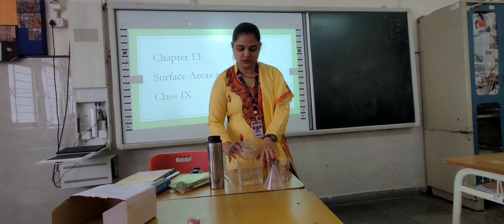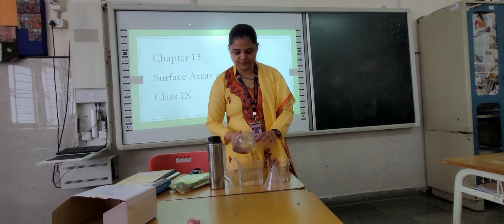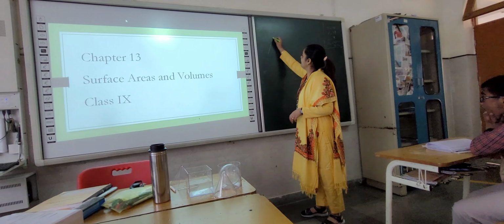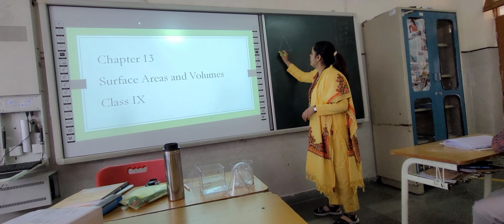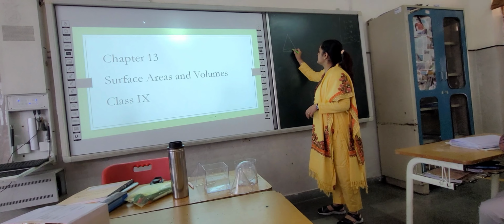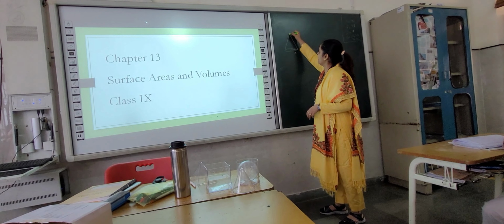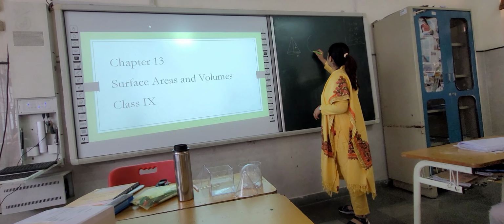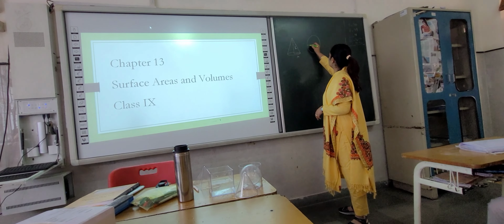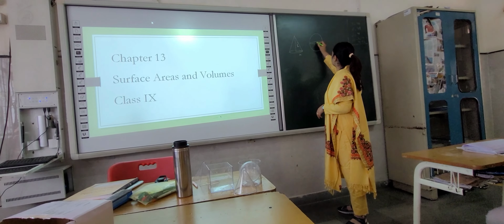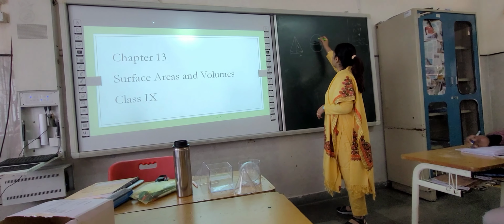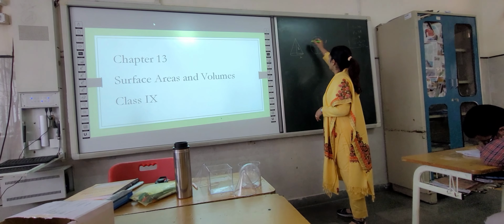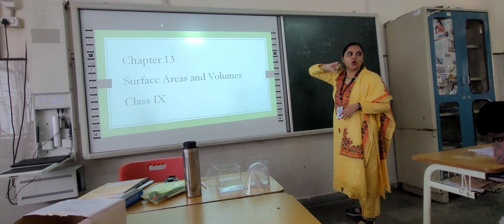So I just want to take a pause over there. I have a condition when I have a cone whose base radius is r and height is h, and I have a sphere such that the radius of the sphere is also r, the same radius r, and here the diameter is the same as the height of the cone.